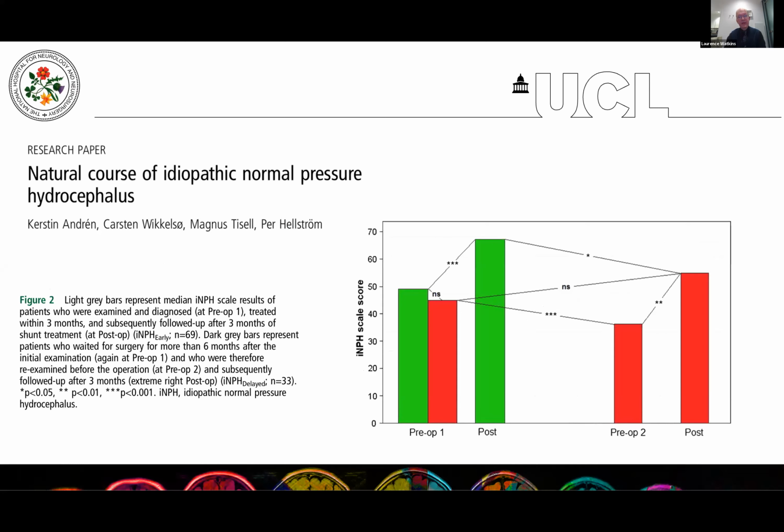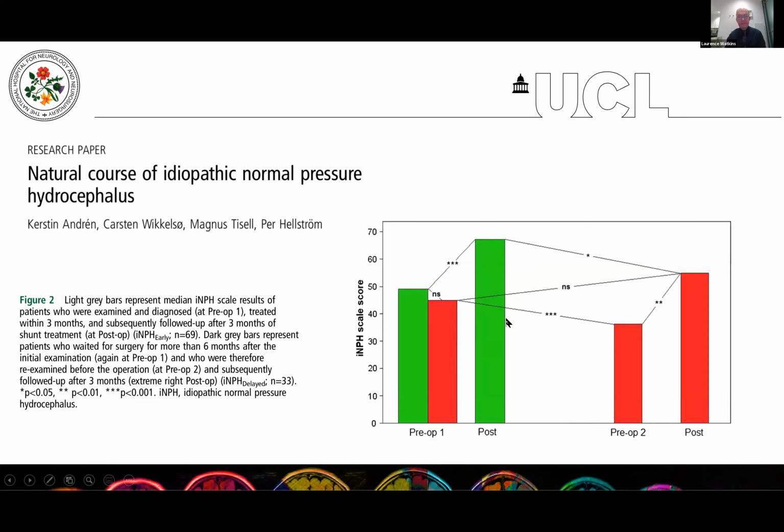Now, the other thing is, is this something that we can just wait and see? Well, you can, that's always an option, of course, but studies such as this one, done in Sweden, were looking at patients who had inevitably, due to logistical problems, been delayed in getting their operation.